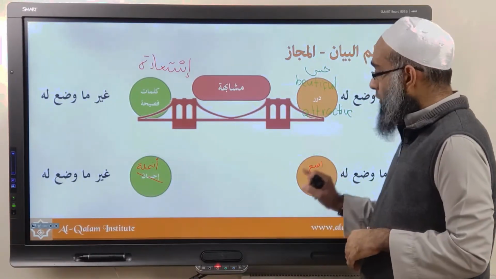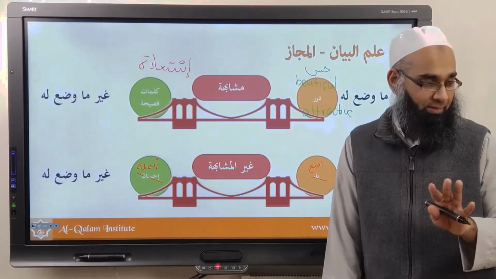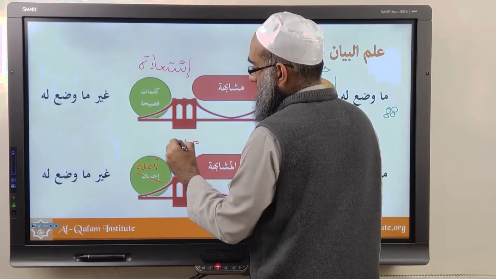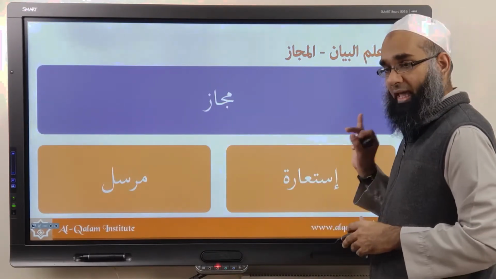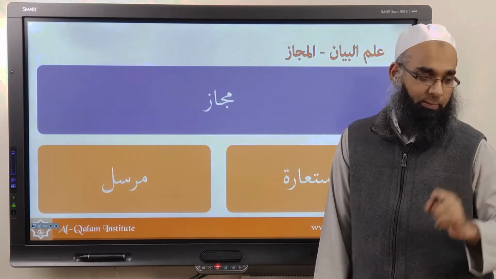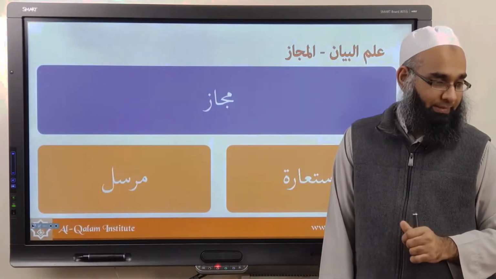How do we use the word usbu' in the meaning of unmula? What's the bridge? The bridge is what? Not mushabaha. So we call this what? Majazun mursalun. So you have majaz isti'ara when the element is tashbih, and you have majaz mursal when the element is what? Not tashbih. You understand? Okay. Does that make sense?